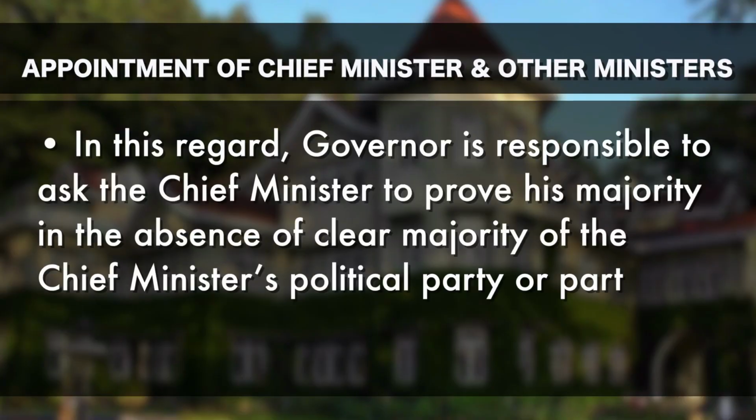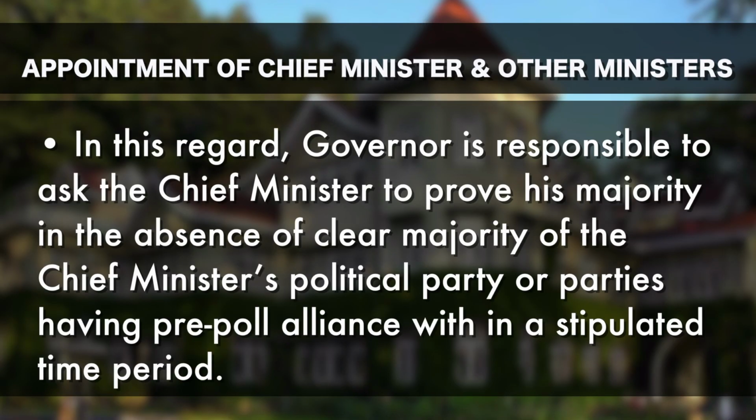In this regard, the governor is responsible to ask the chief minister to prove the majority, in the absence of a clear majority of the chief minister's political party or parties having a pre-poll alliance, within a stipulated time period.